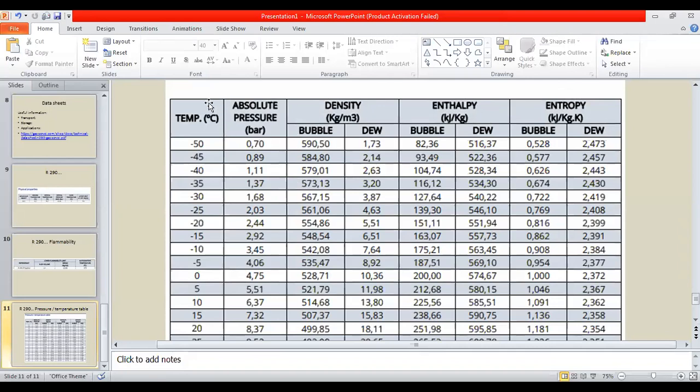There are units: temperature in degrees Celsius, pressure has a unit, density has a unit, enthalpy units, entropy units. So all are SI units. Yes, all are SI units. So you have to understand these units as well.